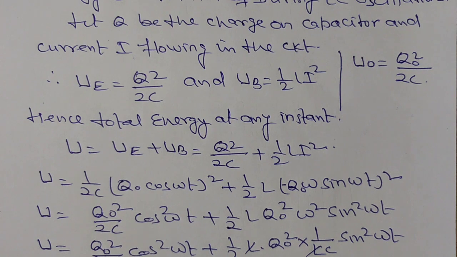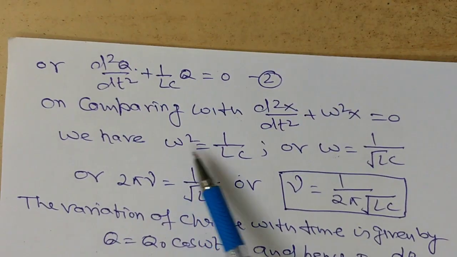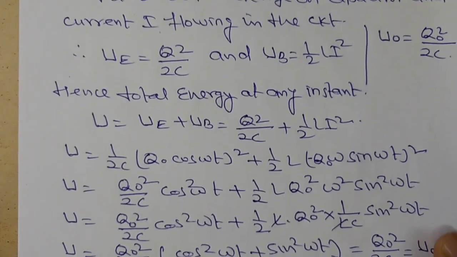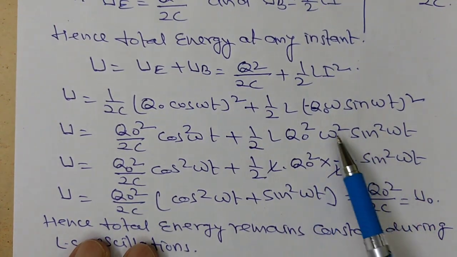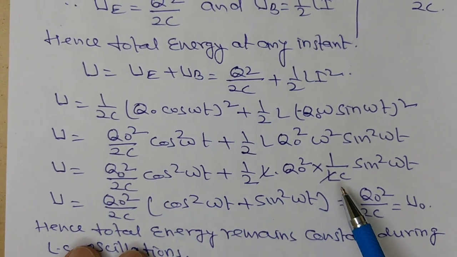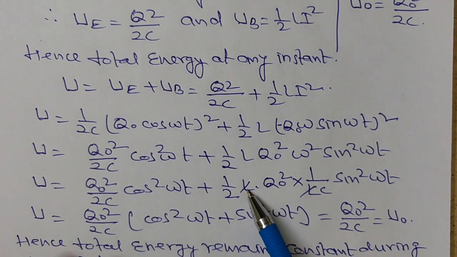Here this as it is cos square omega t plus this half into L Q naught square into this omega square हमने किया था, this is 1 upon LC. This is here omega square is equal to 1 upon LC. Therefore, on putting this value of omega square, this is 1 upon LC, right? And this is as it is sin square omega t. This L cancel by this.